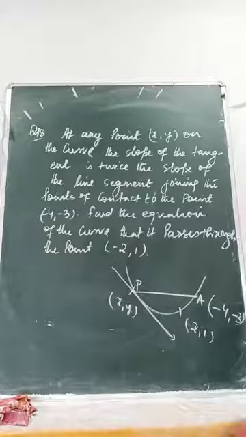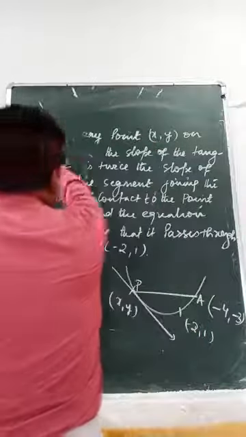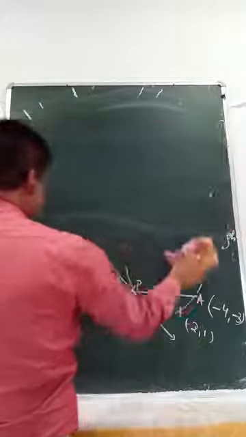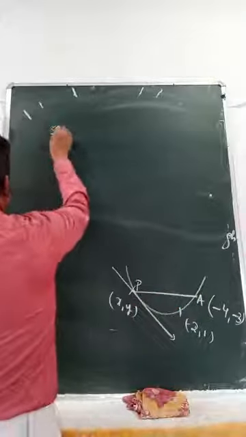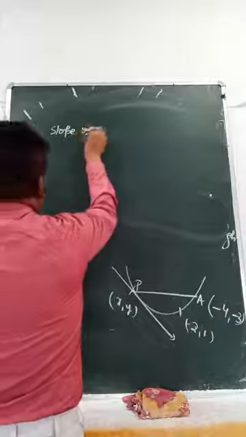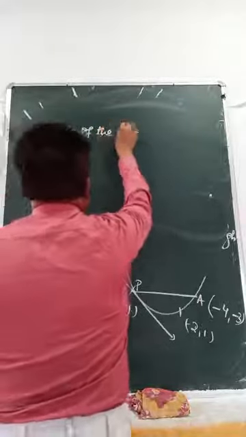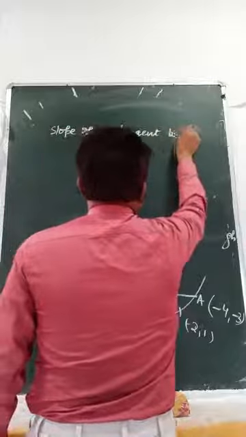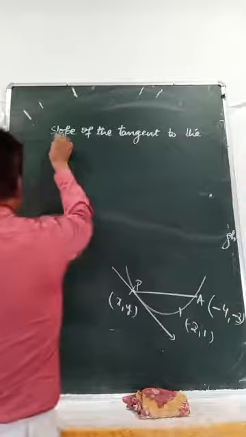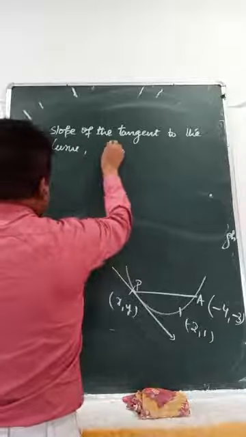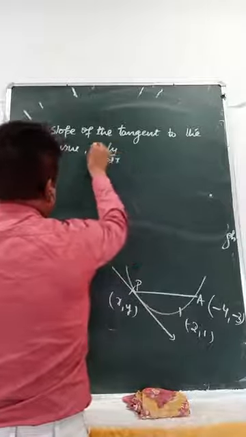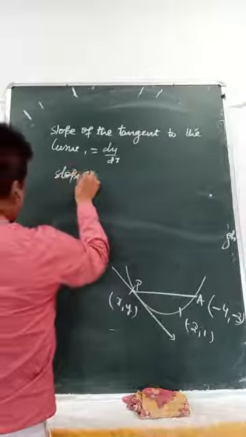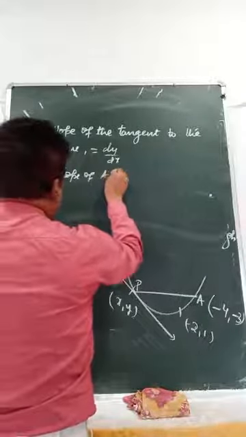So let's find out what is the slope of the tangent to the curve. Slope of the tangent to the curve is dy by dx. What is the slope of AP?